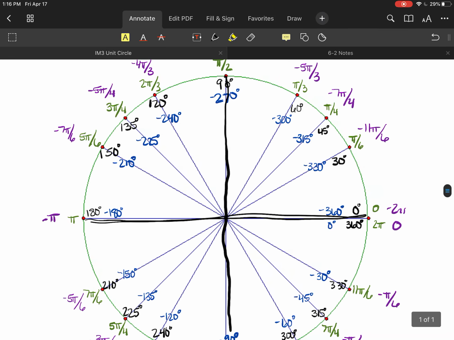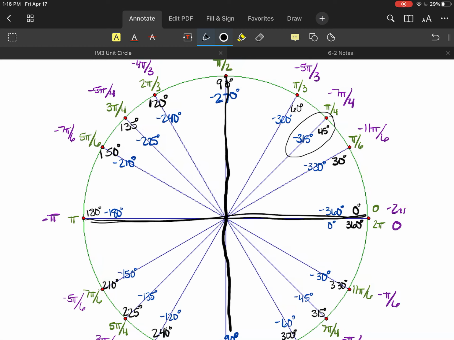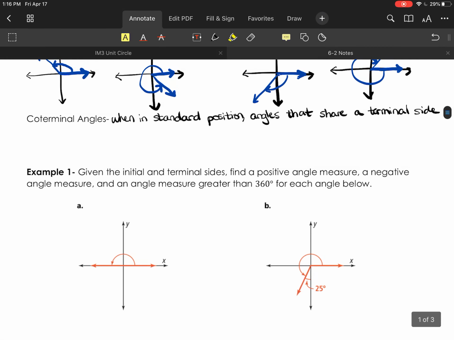A really easy way to see this is looking at your unit circle. Let's look, for example, at this angle. 45 degrees and negative 315 degrees are in the same position. Okay, they're a different amount of degrees, but they end up in the same position. So those would be coterminal.